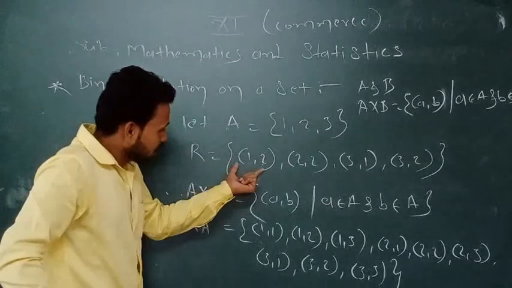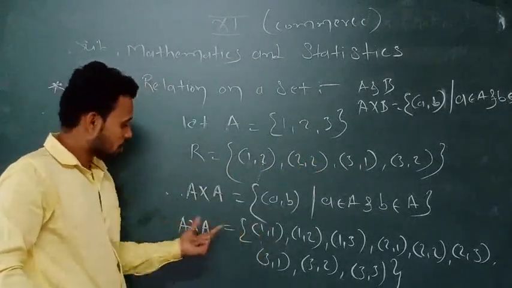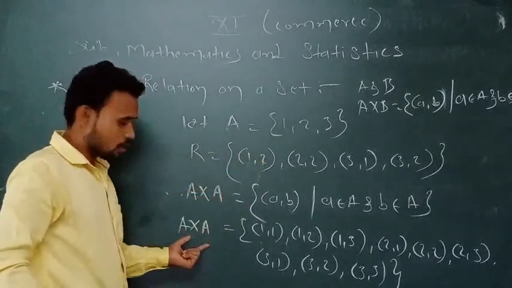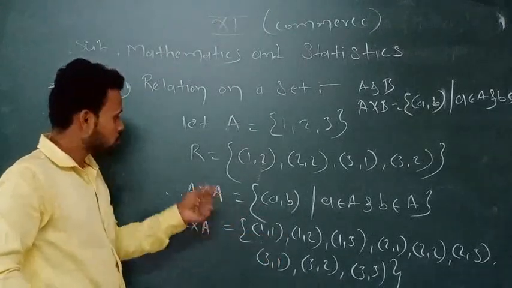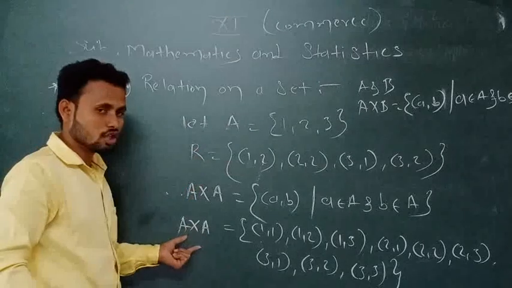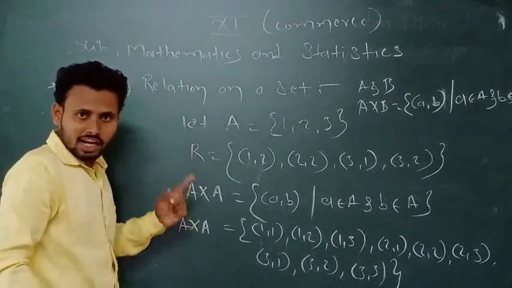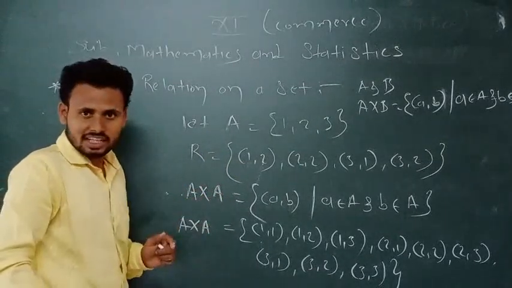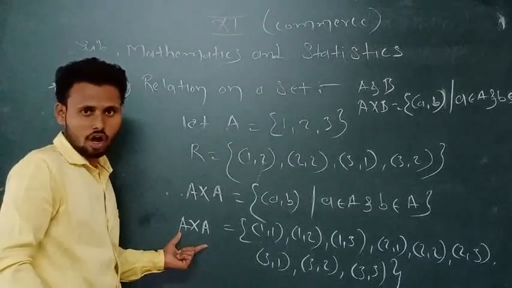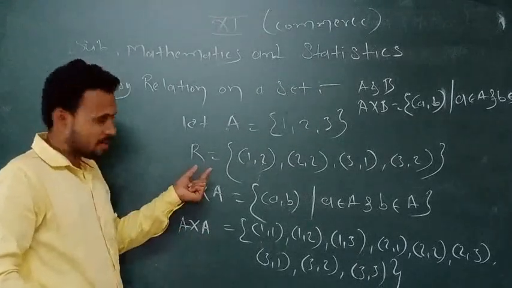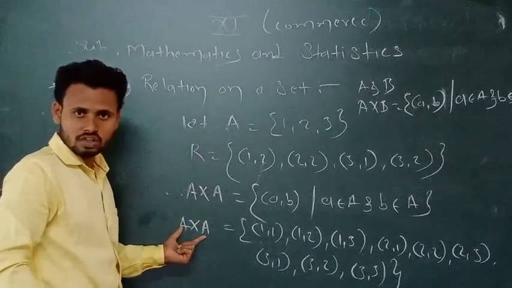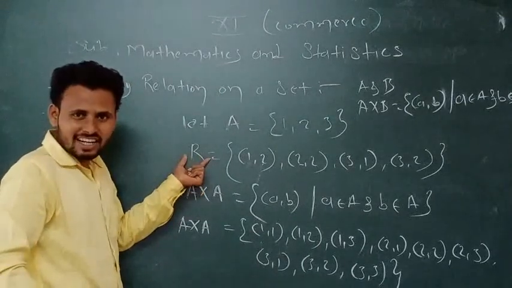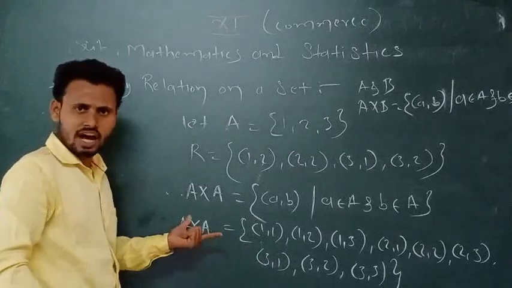We observe that every element of R is also an element of A cross A. That is, R is a subset of A cross A. Therefore by definition, every subset of A cross A is called a binary relation on A. Here R is a subset of this A cross A. Therefore we say that R is a binary relation on A, or R is a relation on set A. Simple.